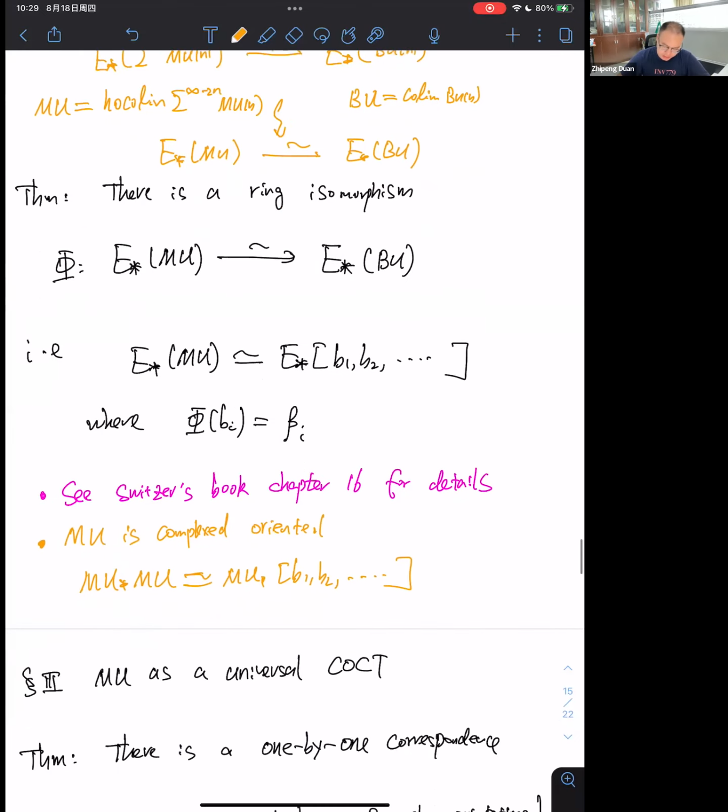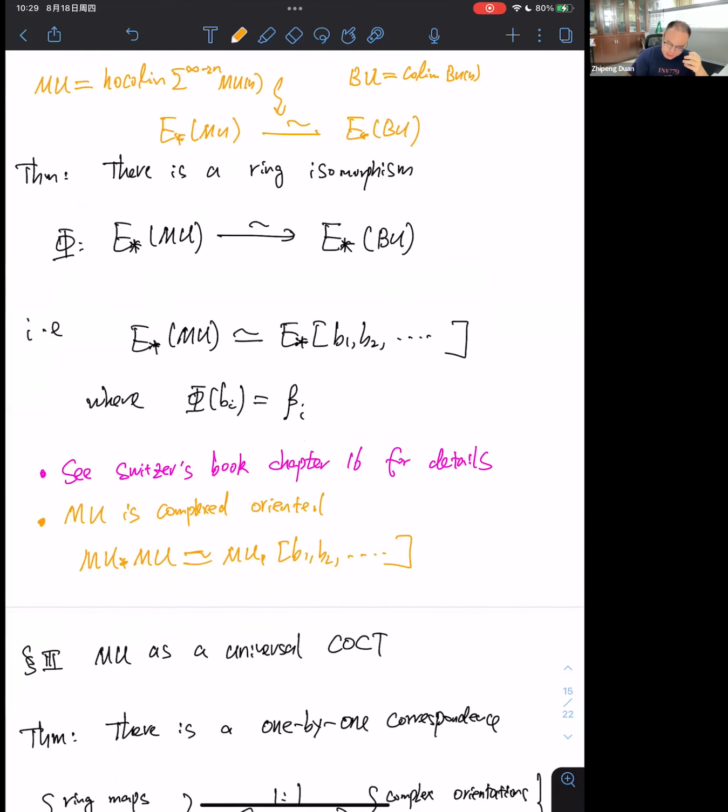So this is the expression of MU star MU, and as a fact, I don't have time to prove here, but MU star comma MU star MU is a Hopf algebroid.